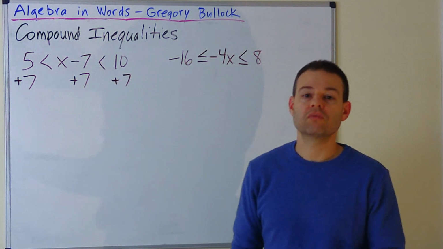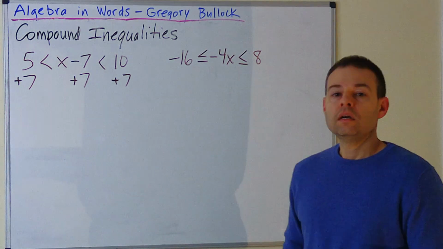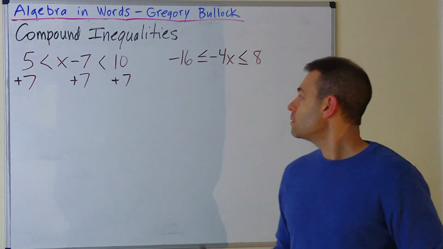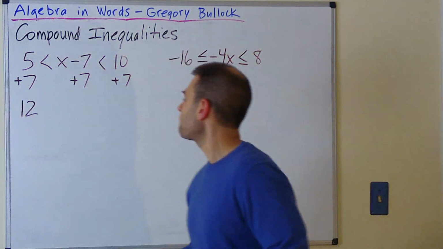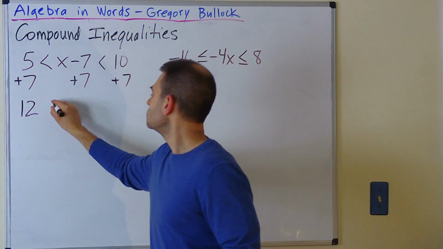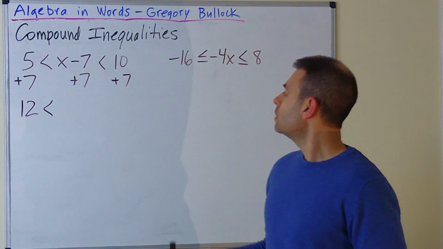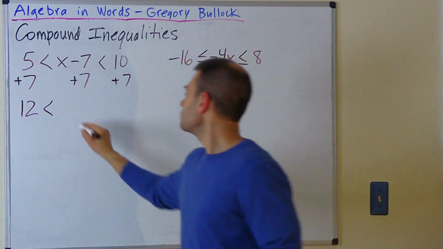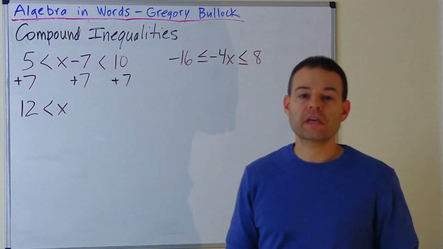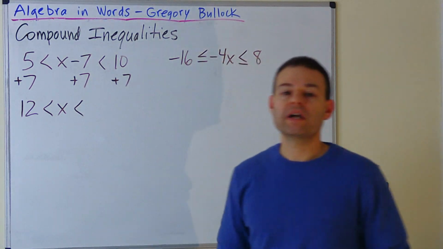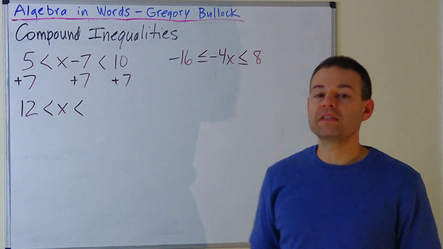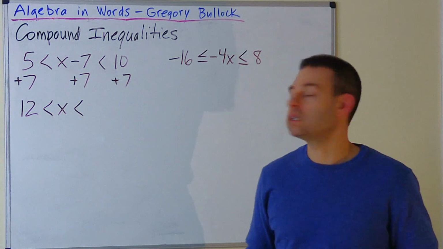And then we're just going to write what's left. On the left, 5 plus 7 is 12. Keep the symbol less than. X stays x. And the 7's cancel to 0. Rewrite the other less than symbol. And 10 plus 7 is 17.